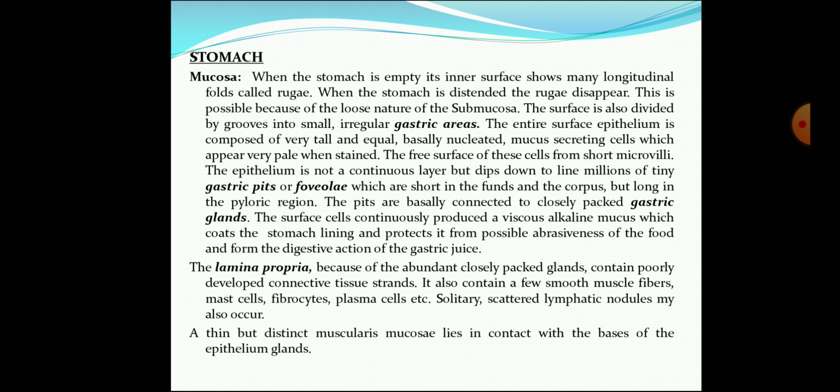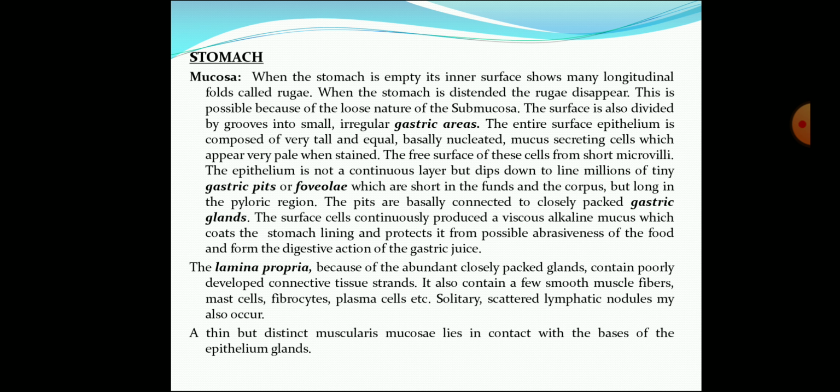The lamina propria, because of the abundant, closely packed glands, contains poorly developed connective tissue strands. It also contains a few smooth muscle fibers, mast cells, fibrocytes, plasma cells, etc. Lymphatic nodules are scattered in the lamina propria.